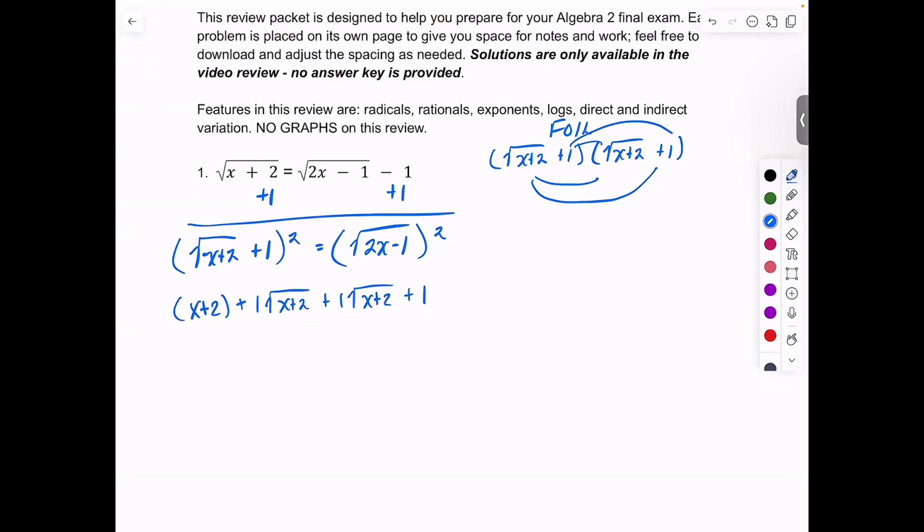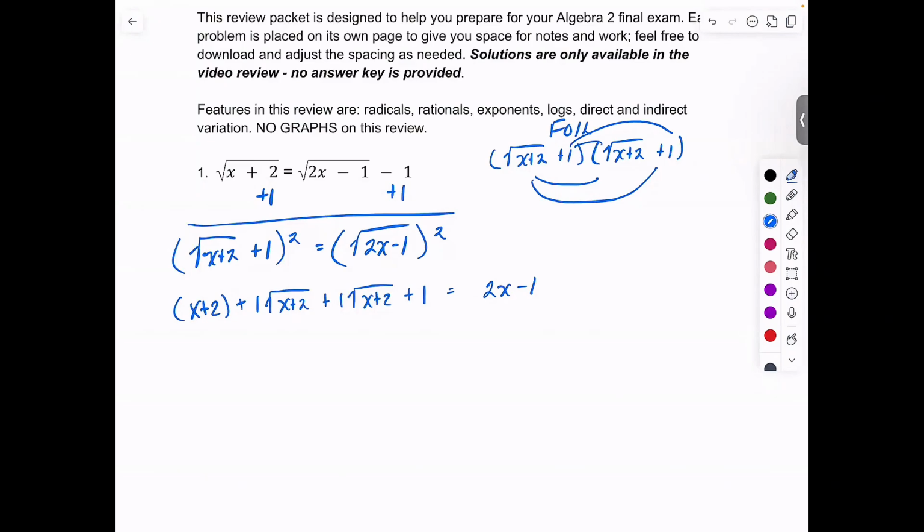That's our 1 times 1. And on the right-hand side, pretty clean: when we take the square root of 2x minus 1 and square it, we have simply 2x minus 1. Remember, when you square something that's square rooted, you're just dropping the radical. They're opposite operations, so they basically undo themselves.